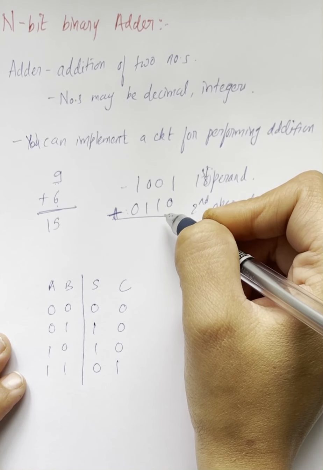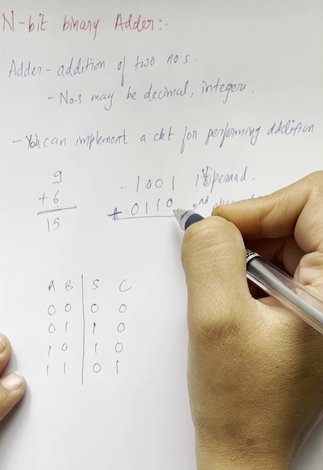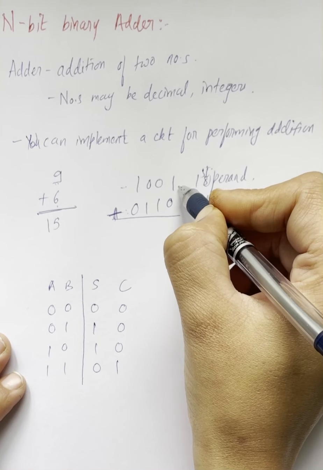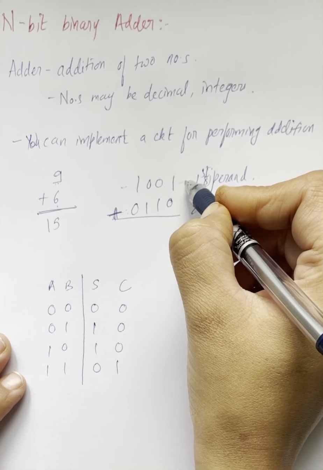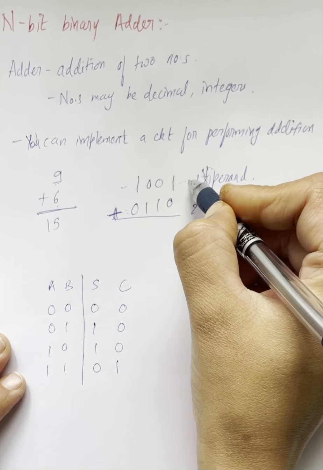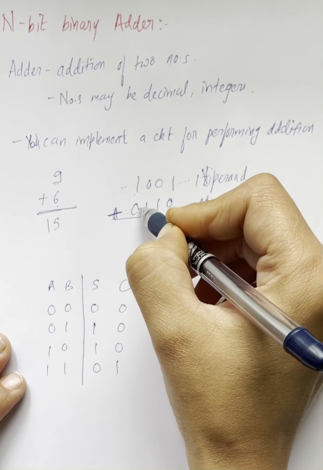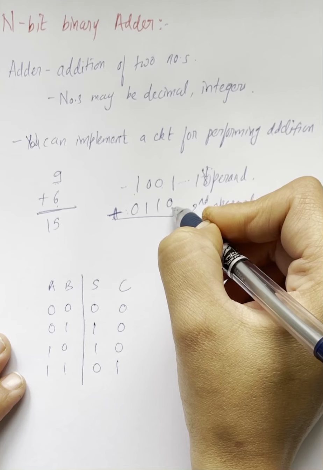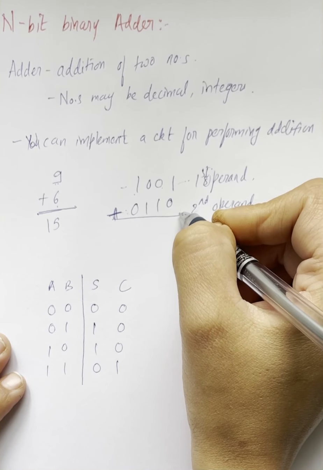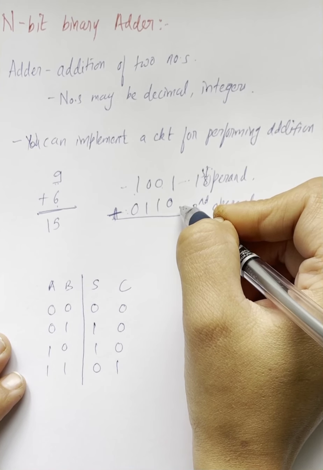As well it is called n-bit. Why? Since this number consists of n number of bits. This first operand consists of 4 bits. This second operand also consists of 4 bits, right? So that's why it is called an n-bit binary adder.